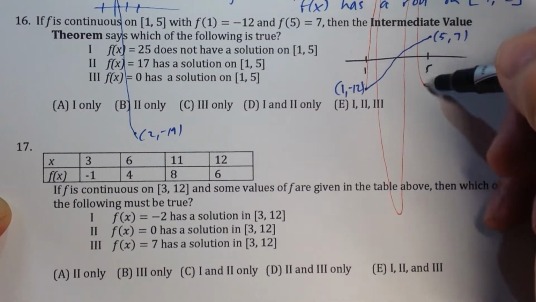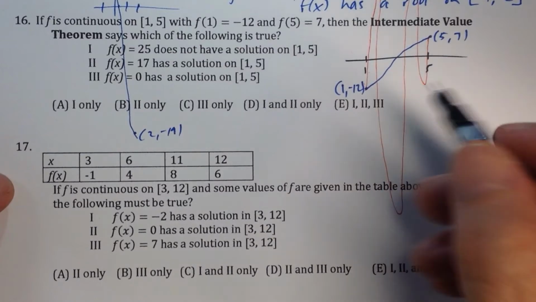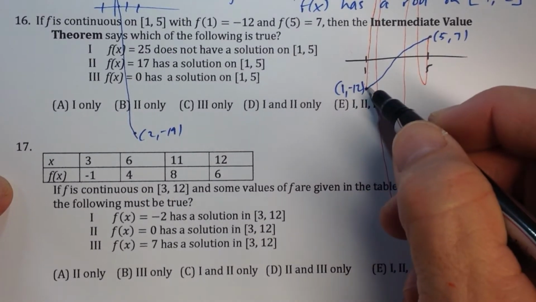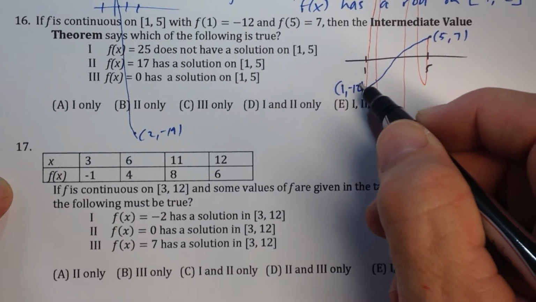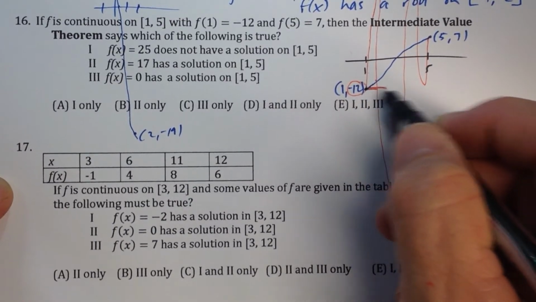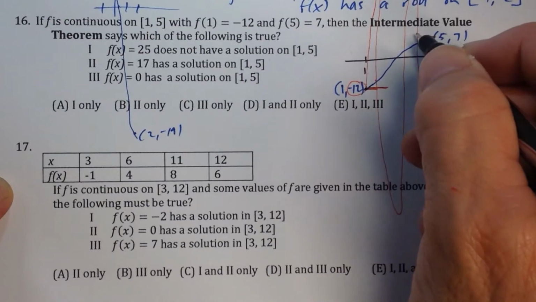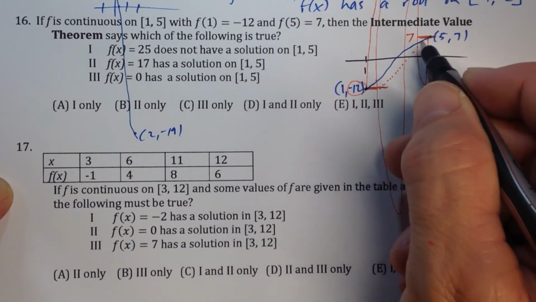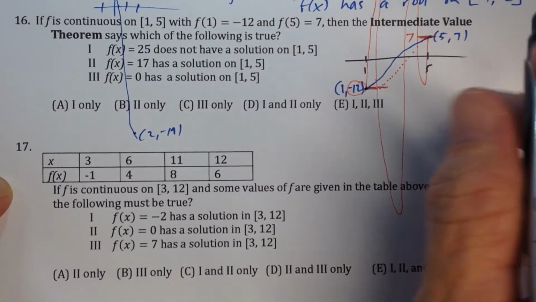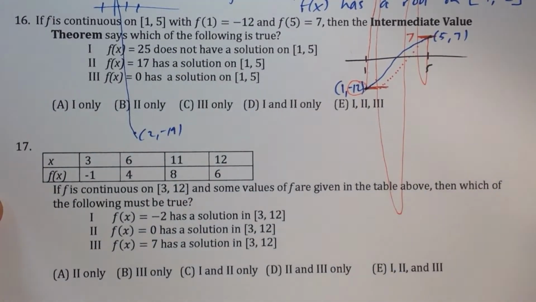It could be like this. We don't know. All we know is that f of x definitely hits all of the y values in between. Negative 12 is the lowest for sure, and 7 is the highest for sure. So we know that f of x is going to hit all those y values in between negative 12 and 7. That's just before you even start looking at the question.